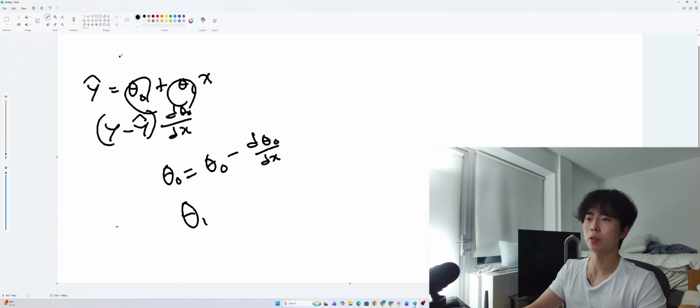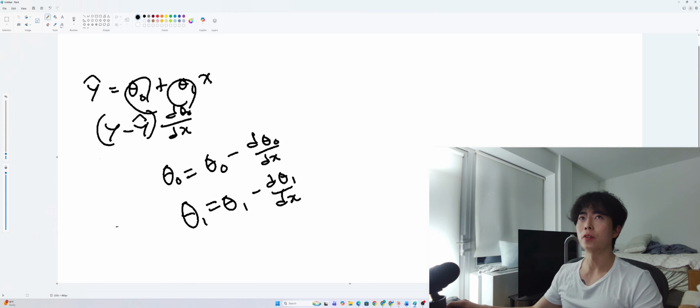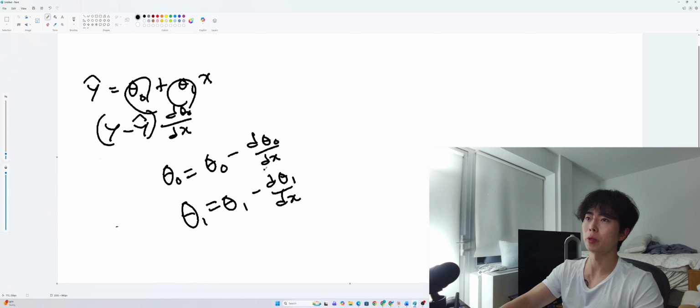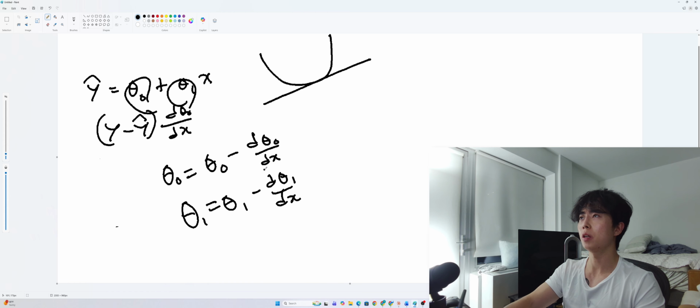So for the intercept, and this is for d1 dx. The reason why we're subtracting is because we want to tweak it. And how do we know we're subtracting? Well, for linear regression, if you look at this function here, it's a bowl shape, and we know we want to minimize the error here.